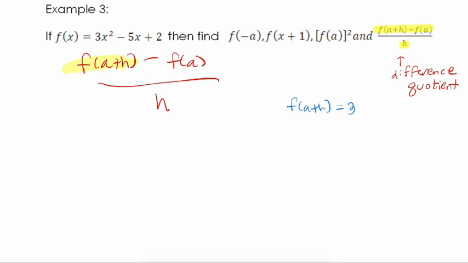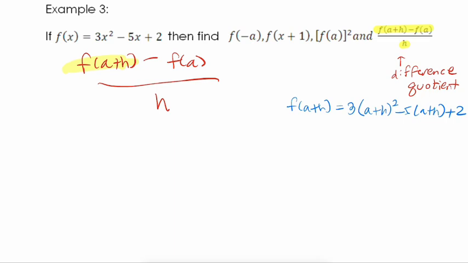So we're going to take 3, and in parentheses we're going to plug in a plus h for the x, and then plus 2. This looks very much like the one we saw over here when we plugged in x plus 1. Same procedure, except we have an a and an h now.